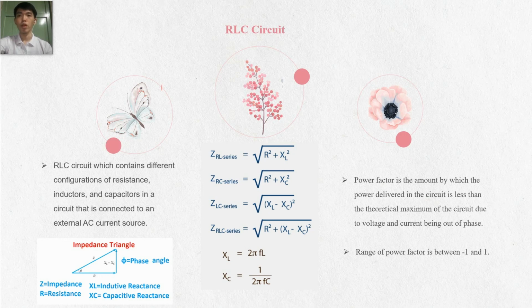Then in the middle of the slide, it shows the method to find the impedance in RL series, RC series, LC series, and RLC series. Then we move to the power factor, which is the amount by which the power delivered in the circuit is less than the theoretical maximum of the circuit due to voltage and current being out of phase. The range of power factor is between -1 and 1.